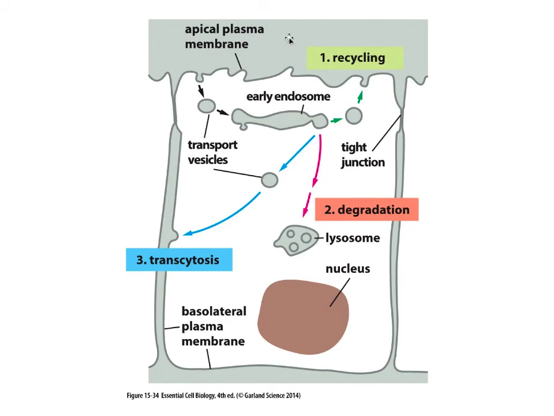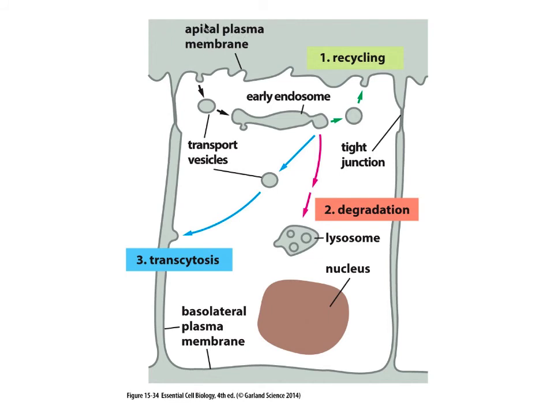In this case, you may be familiar with this figure from another chapter. Here we have a cell lining our digestive system. So the food will be moving at the top here, and the blood supply will be down at the bottom of the slide. So these lining cells of our gut have tight junctions which prevent the passage of molecules between neighboring cells.